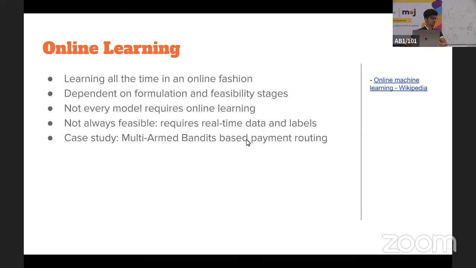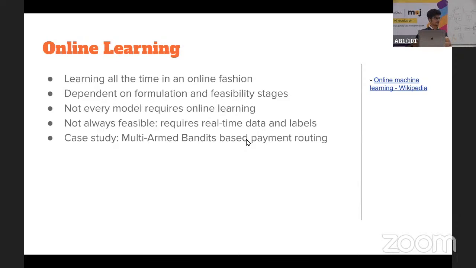So for that, we use a multi-armed bandit based model, which basically does the routing part, and it brings in that explore exploit. Yesterday Surendra also mentioned epsilon greedy based method. So we don't use that, but we use a Thompson sampling based method, which basically takes in what was the distribution on each payment gateway during the last 15 minutes, and then based on that it makes the decision which payment gateway to choose.